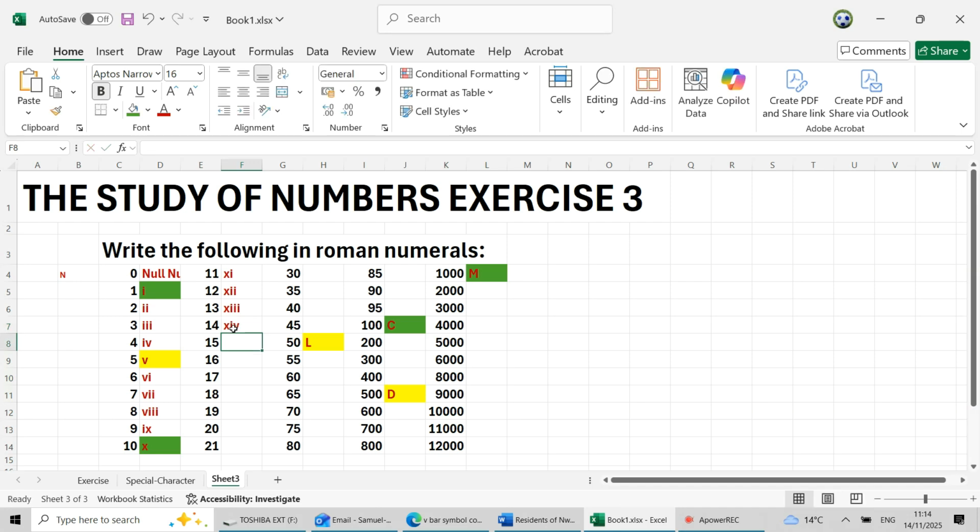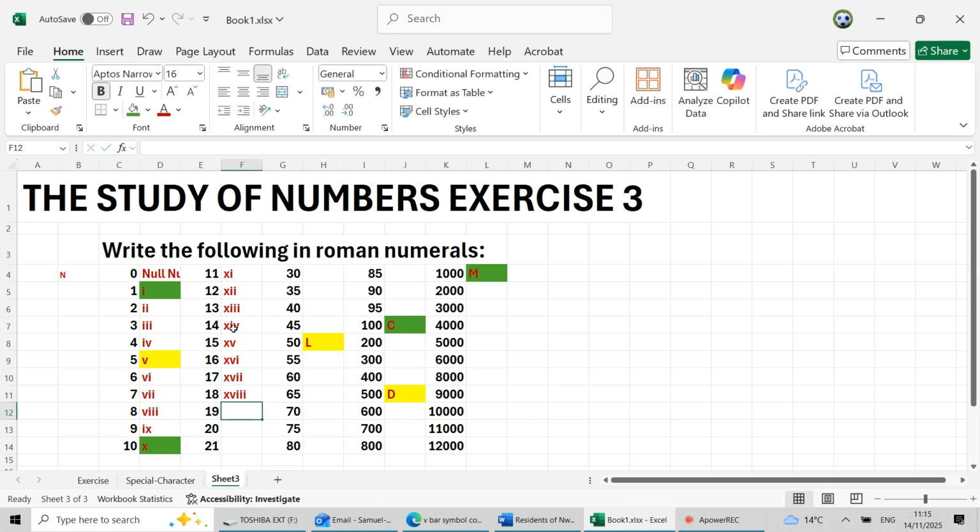Then 15 is X, which is 10 plus V. And for 16, 10 plus 6, 6 is VI. That is 16 for you. 17 is 10 plus 7, which is X plus VII. 18 is X, V, triple I for 8.